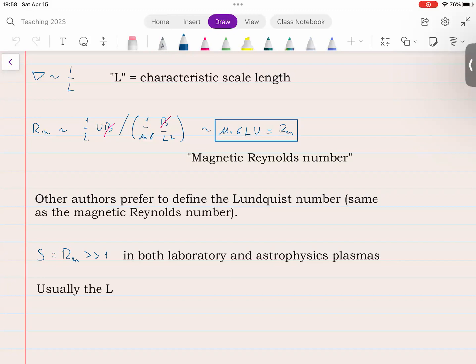People do all sorts of things, but usually the Lundquist number is defined using the Alfvén velocity.